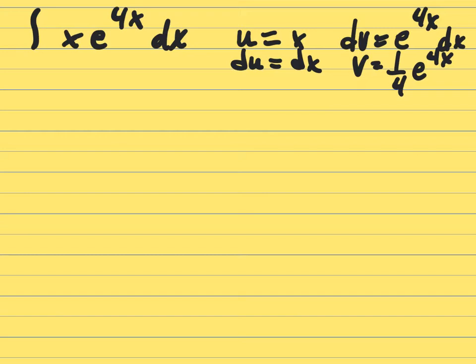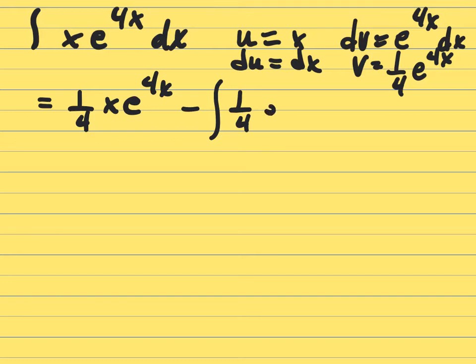On the first slide across the very top, we had the integration by parts formula. So using these four items, we can now put u times v minus the integral of v du, and that gives us our expansion.